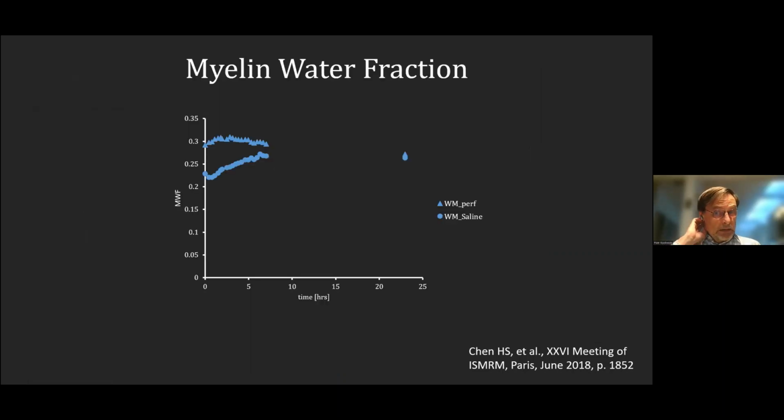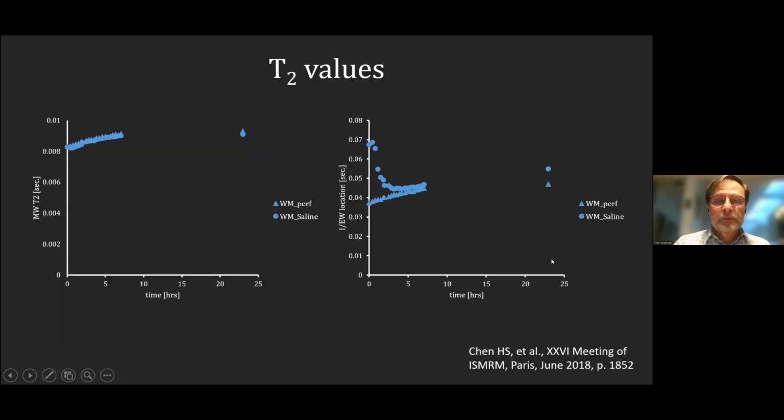So we looked at the myelin water fraction, and as expected, we saw that at the beginning there was a big difference in myelin water fraction between the cords that were initially perfused with saline versus the ones perfused with the paraformaldehyde. We saw a steady increase in the myelin water fraction as this immersion fixation process was taking place, and at the end, the value of the myelin water fraction was pretty much the same for both groups.